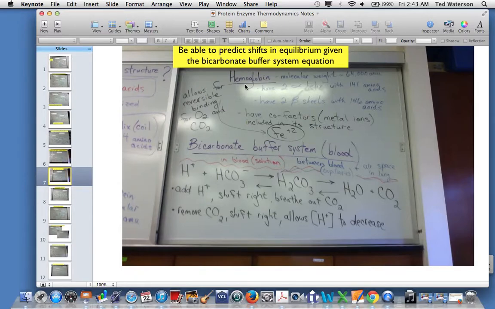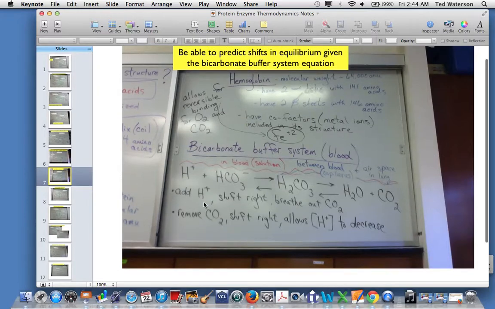Hemoglobin, a protein, it can bind with oxygen. It can also bind with carbon dioxide. Please be able to look at this equilibrium expression and predict our shifts in equilibrium. So if acid builds up in your blood, it's going to shift the equilibrium to the right.